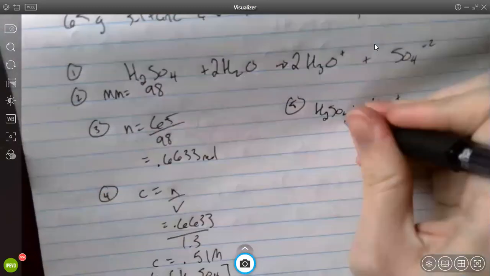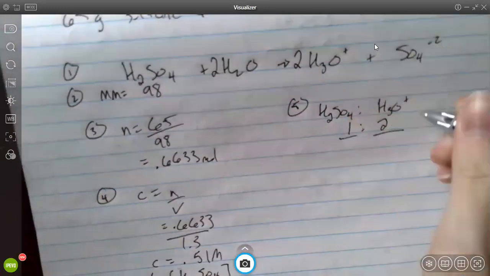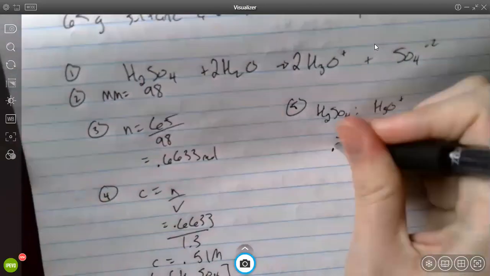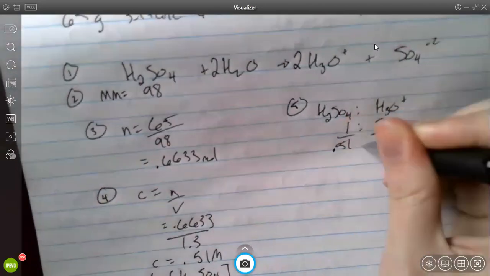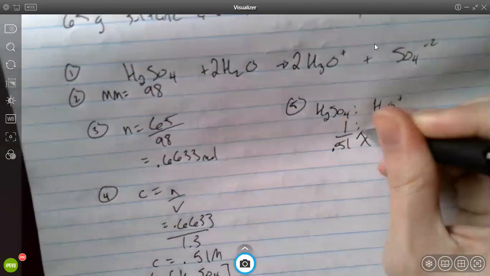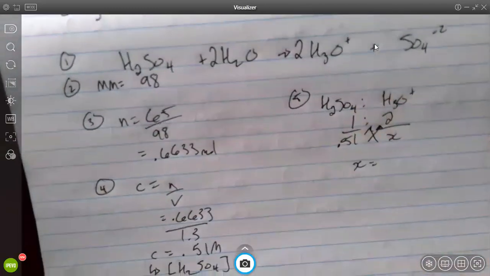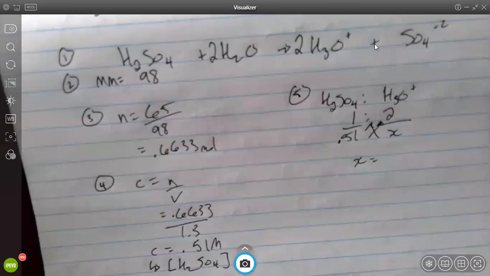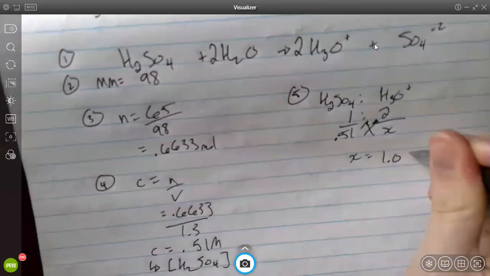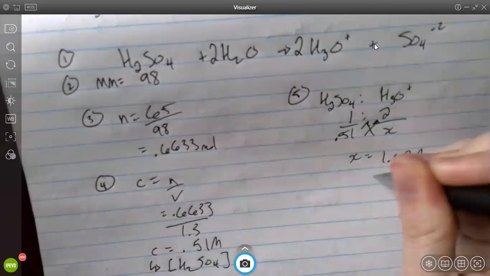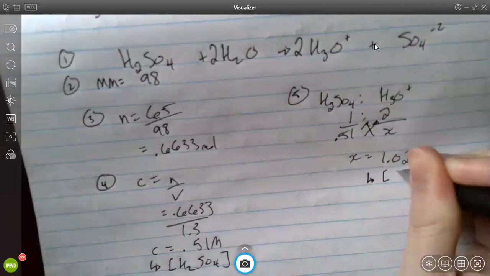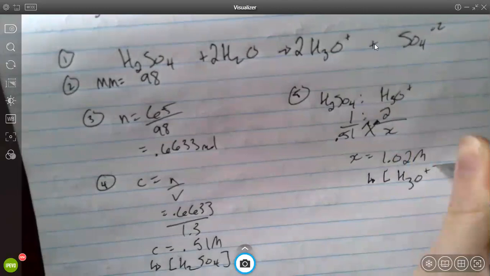So a 1 to 2 ratio. Then we plug in our concentration of our acid and cross multiply to solve for the concentration of hydronium ions. So 0.51 times 2 is 1.02. That is our concentration of hydronium ions.